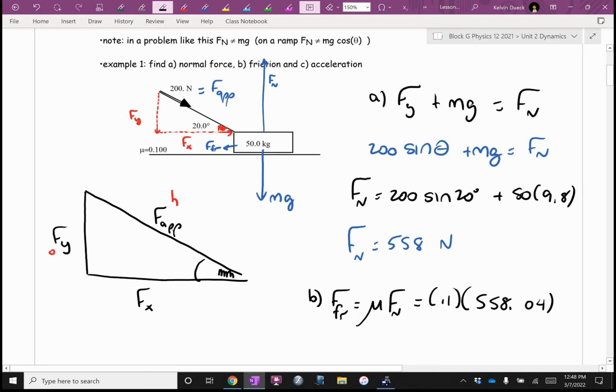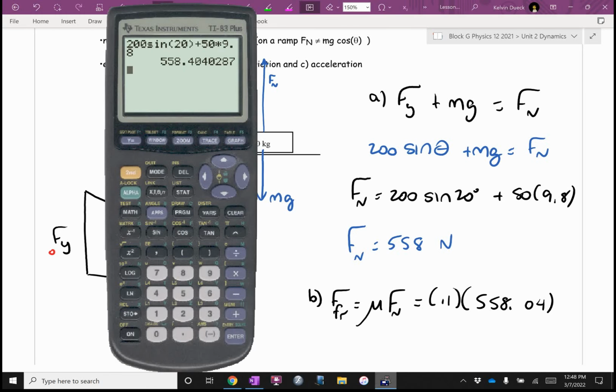558.04. Nick, put your calculator down. You're multiplying by 0.1 in your head without a calculator. Obviously, the answer is 55.8, right? And you had that without your calculator, right? You were not going to type this into your calculator, were you?